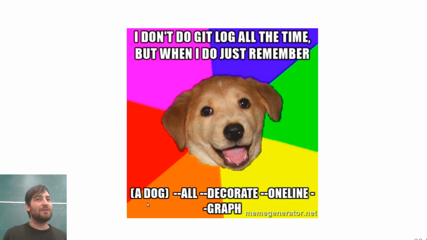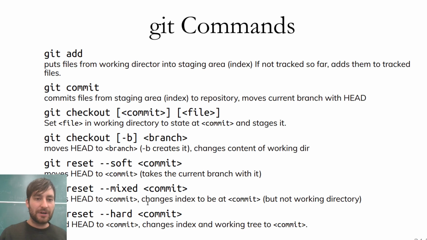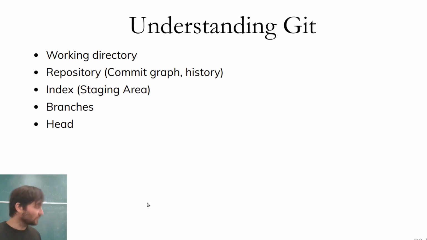So I now have a couple more things diving deeper into Git, just on a very high level, because we don't actually have as much time as I wanted to. The 5 things you should always think about when thinking about your Git repository are the working directory, which are the files that are right now on your disk.